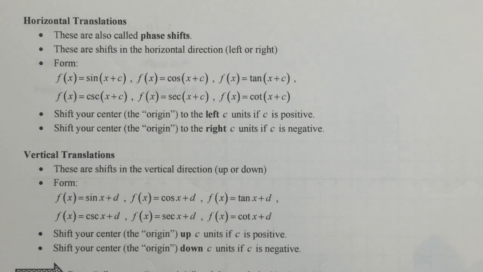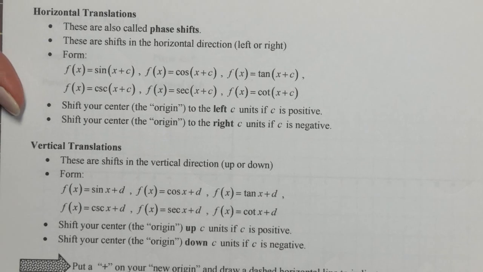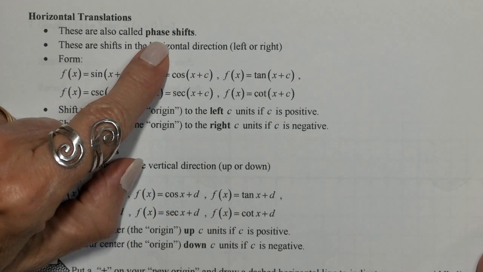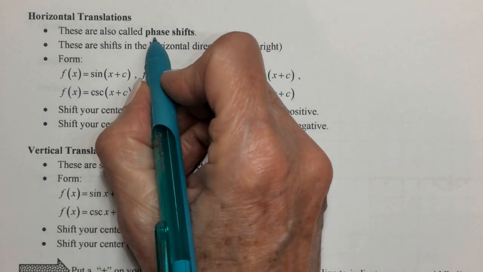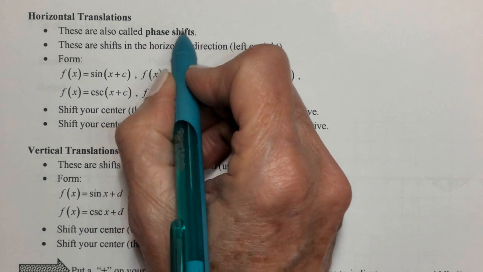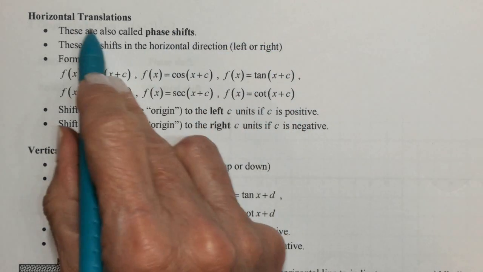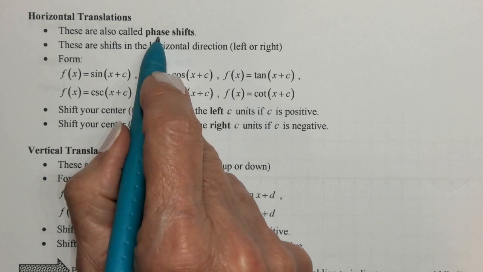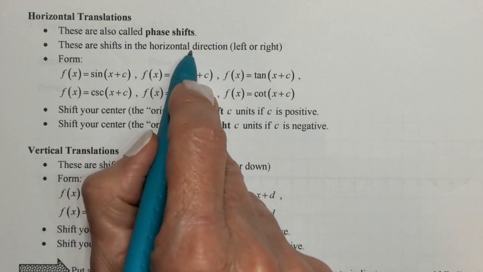Now let's talk about translations. Let's talk about shifting. Okay, a horizontal translation is called a phase shift. When we're talking about trig functions, it's called a phase shift. So be used to both of those. Same meaning. Get used to seeing them both. These are shifts in the horizontal direction.